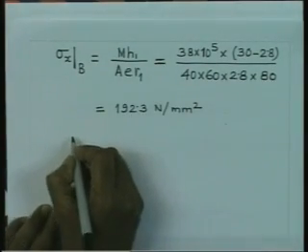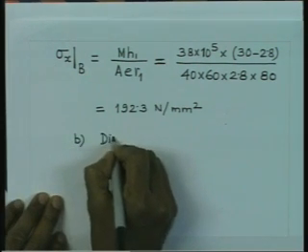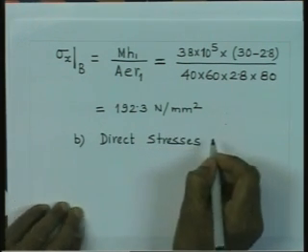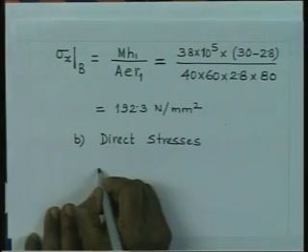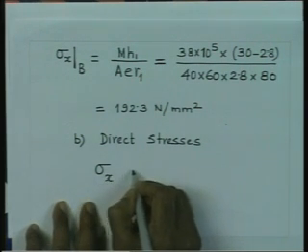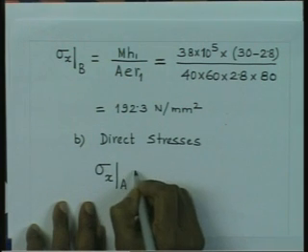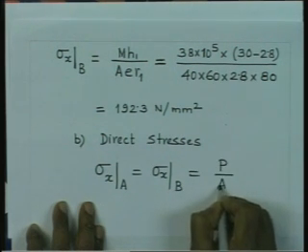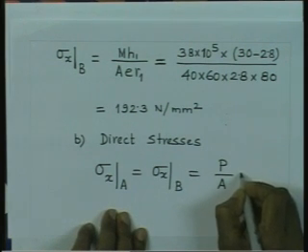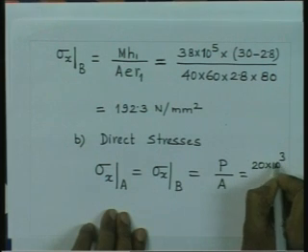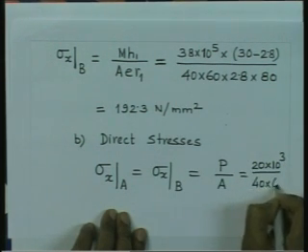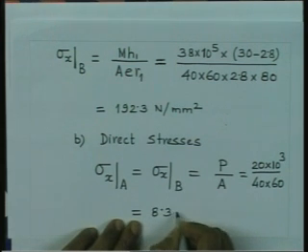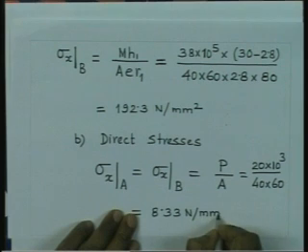We have to calculate the direct stresses due to P. Direct stress is nothing but P by A, where the stresses will be the same at both locations, and this is 20 into 10 to the power 3 Newton divided by 40 into 60, which is equal to 8.33 Newton per millimeter square, and this is a tensile stress.